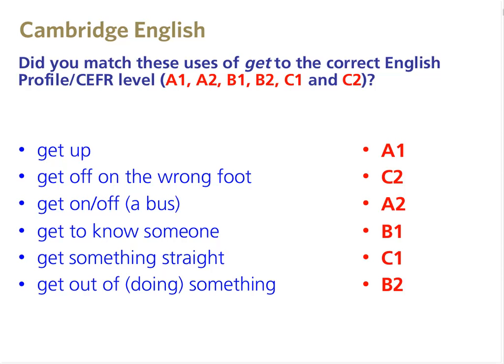So if any of you got all of those correct, congratulations. It kind of shows you have very good instincts about language and level. So that's the kind of work we did before writing the course to decide what goes in which level. So you should be confident that you're teaching the right things at the right level.